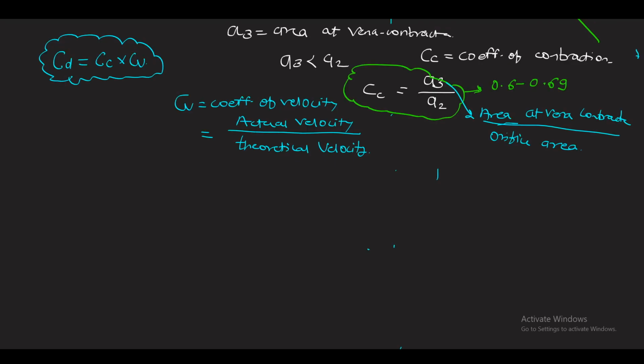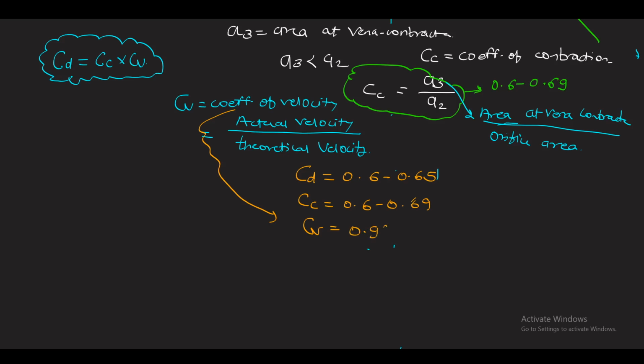As we said, it is between 0.6 and 0.65, correct? The value of Cc is between 0.6 and 0.69, and the value of Cv, the coefficient of velocity, as I discussed here, is 0.98.